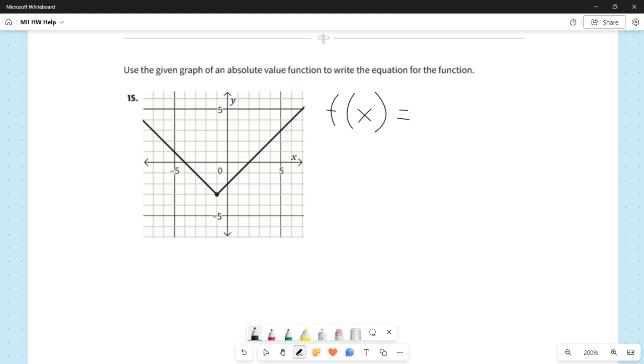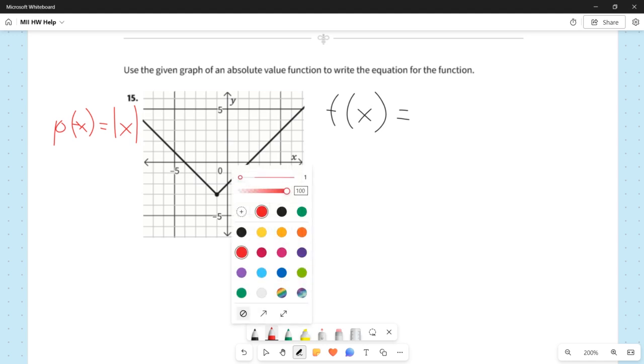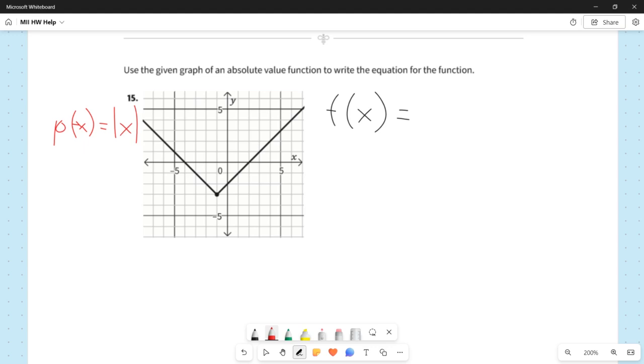And again, we've seen this now in a couple problems. I think the easiest way to do this is going to be to compare this to the parent function. So p of x is just the absolute value of x. And we know that with the parent function, our vertex is at the origin.